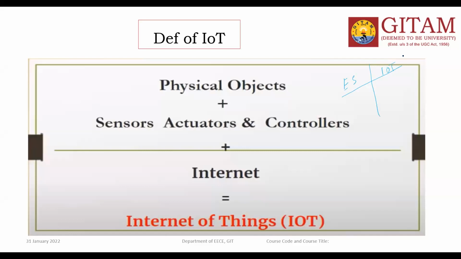As I told you, in embedded systems there is a physical object plus sensors, actuators, and controllers. That's it. But whenever this embedded system has a provision for connecting to the internet, that becomes the IoT. In the olden days, we had embedded systems, which did not have any provision to connect to the internet.